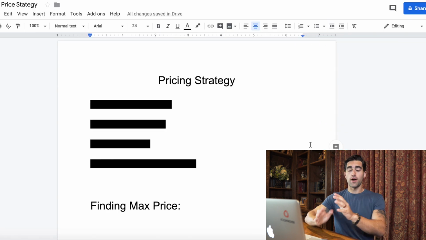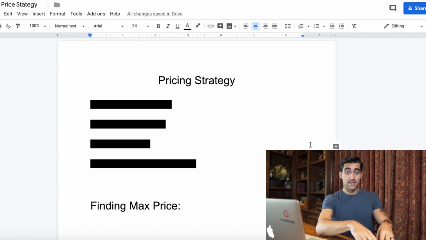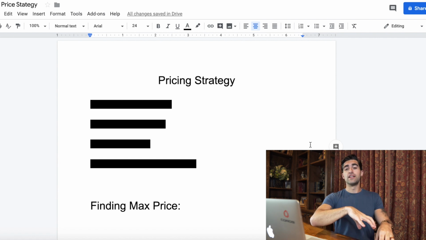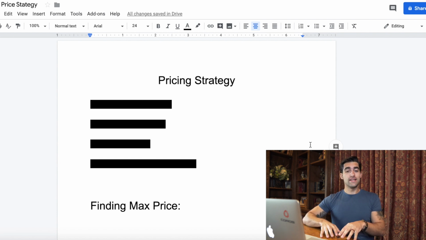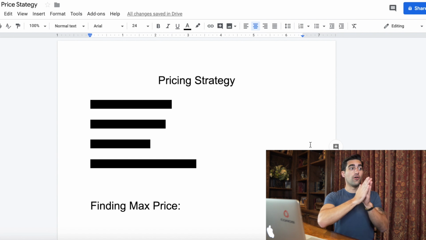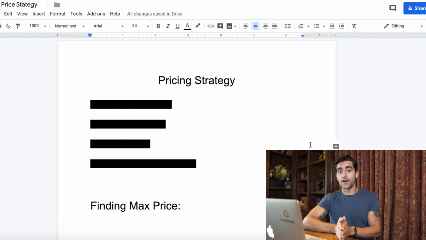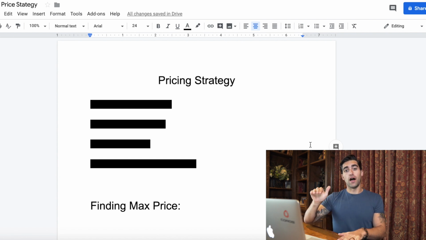So with the pricing strategy, I'm going to lay this out to where what the price is on AliExpress for that product is what you should start the product on your store. Now, this is not some hard and fast rule that you have to follow every single time for every single product. There's a couple times when I won't follow this, but I'd say 80 to 90% of the time, this is what I follow to start my prices on my store.